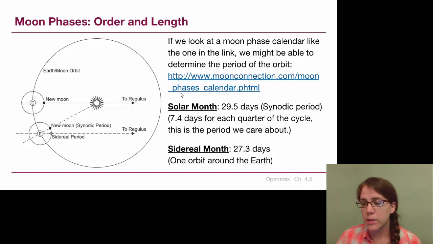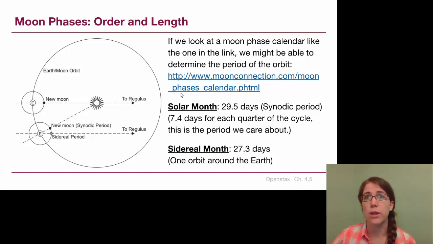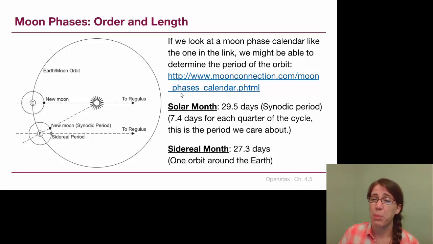Now, we had this situation with the length of a day earlier on in this chapter last week, when we talked about the fact that the length of a day is 24 hours by our clocks, where that by definition is high noon to high noon, how long it takes us to go fully aligned with the sun, spinning around the Earth, back to fully aligned with the sun, which is a little bit more than if we were talking about being aligned to some distant star.